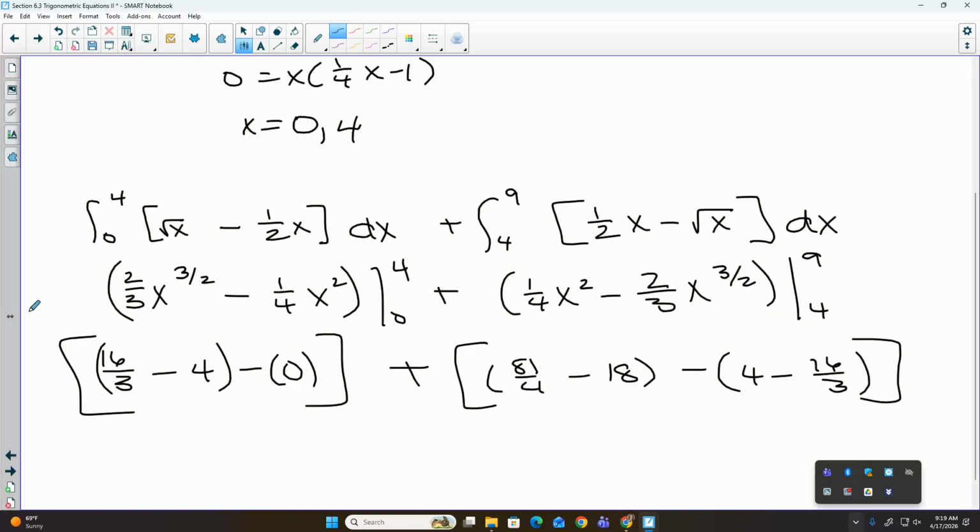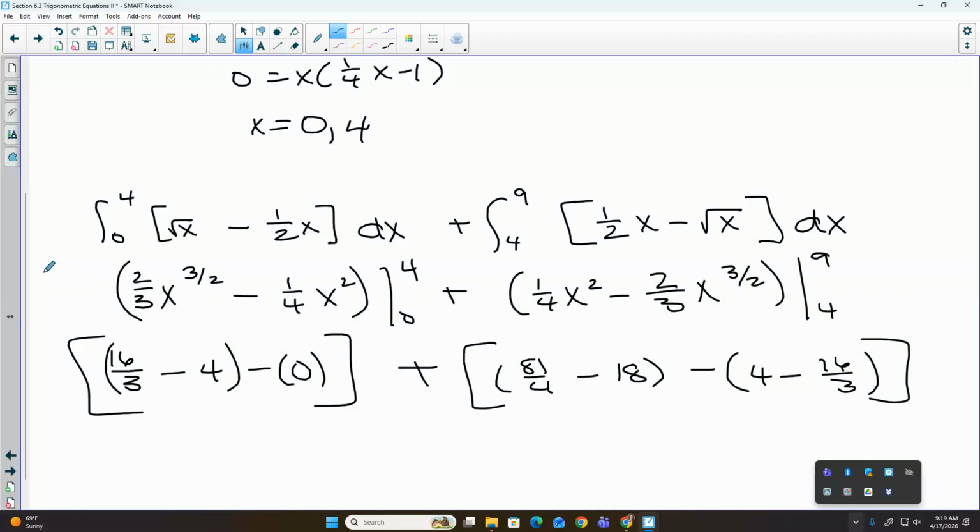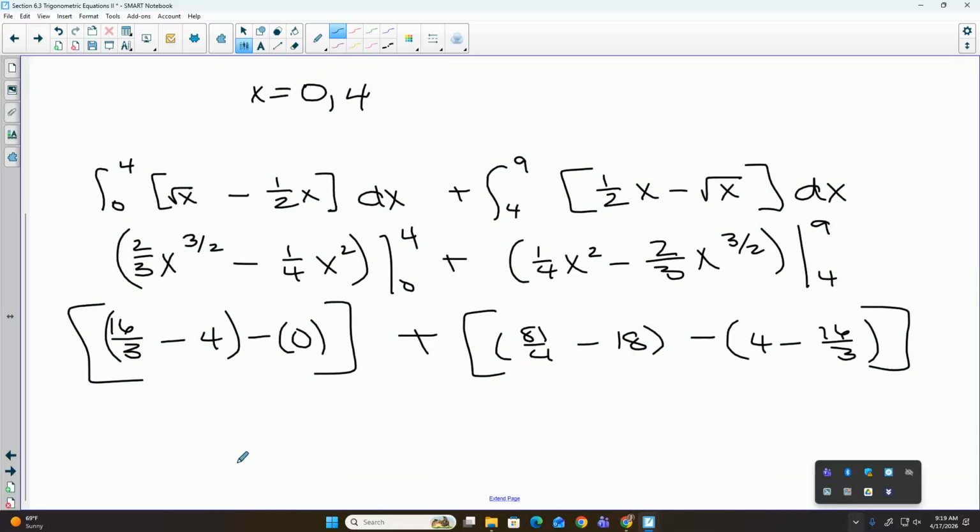All right. So then we have, this will be 16 over 3 minus 12 over 3.